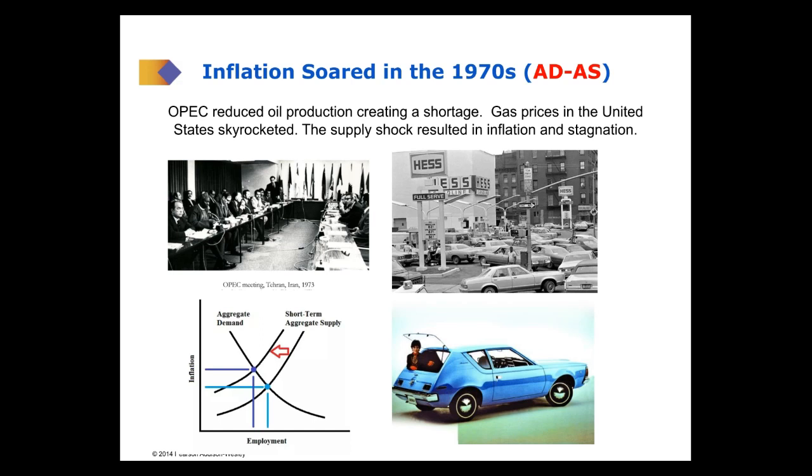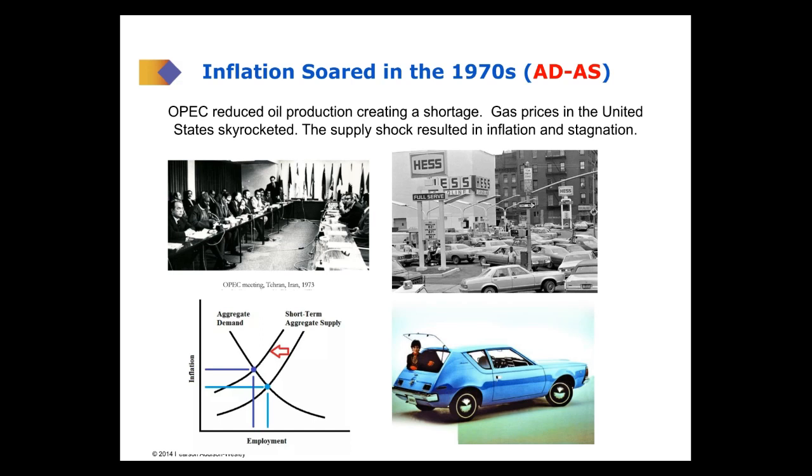So the standard explanation in the ADAS model, the major tool we have in macroeconomic theory, is that there was an oil shock. OPEC reduced oil production, creating a shortage of oil and gas. Oil and gas prices in the United States skyrocketed as a result.